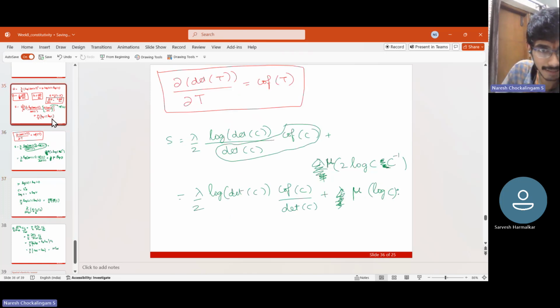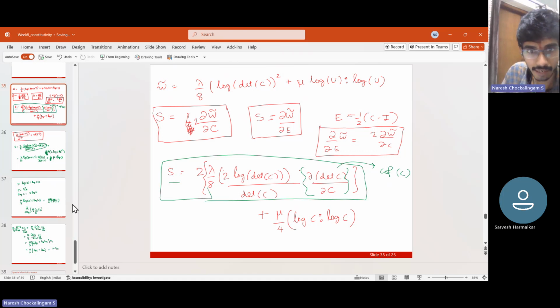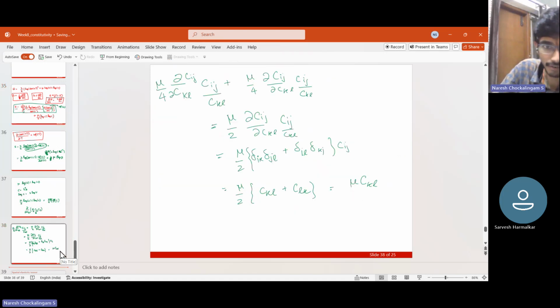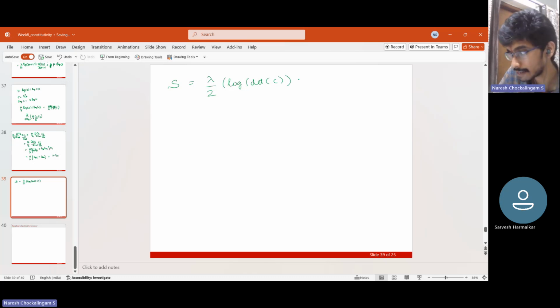Okay, let's do it step by step. So S is equal to this. The first part is clear. We get a lambda by 2 log of determinant of C multiplied with cofactor of C divided by determinant of C. So this is the first part.